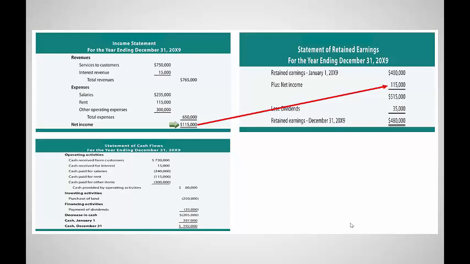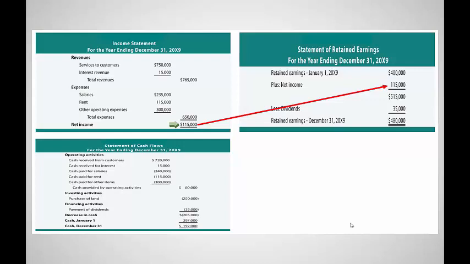One of them is operating activities. And you can see here that there are various different operating activities, and all this relates to is the everyday, day-to-day running of your business. It's what you do to actually generate cash and use cash. So if you pay salaries, if you pay rent, if you get cash from your customers, all that sort of stuff, those are all operating activities.